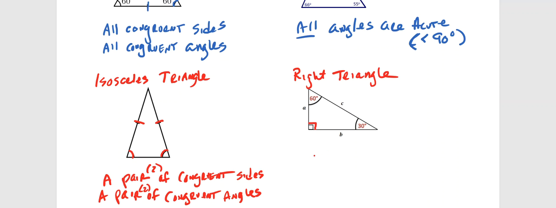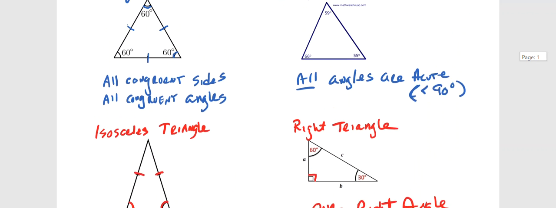So it will have one right angle. Now it's important for us to know that a triangle's angles add up to 180. Notice 60 plus 30 is 90, plus another 90 is 180 degrees.